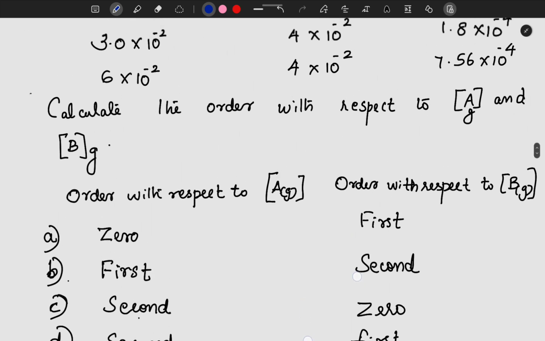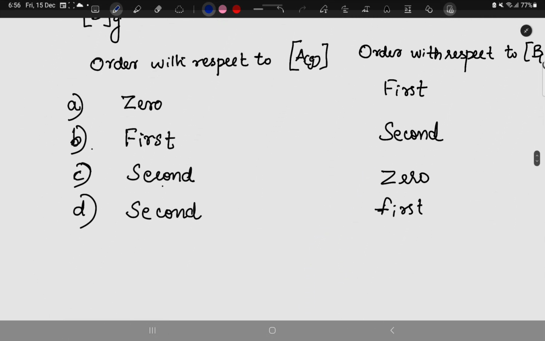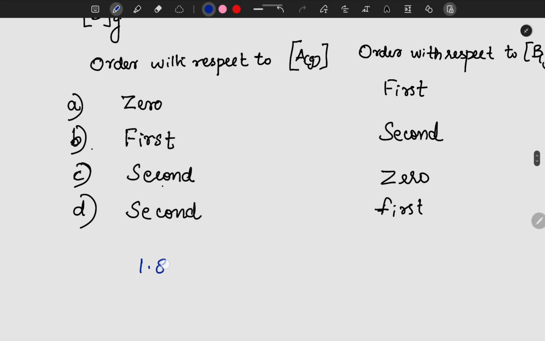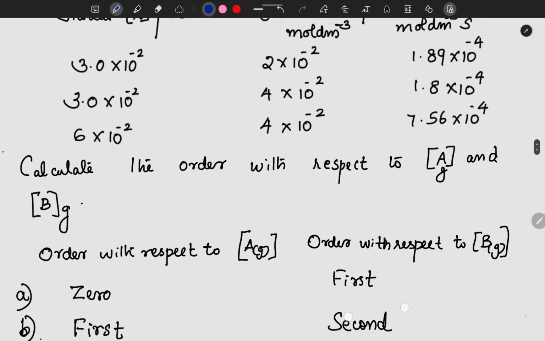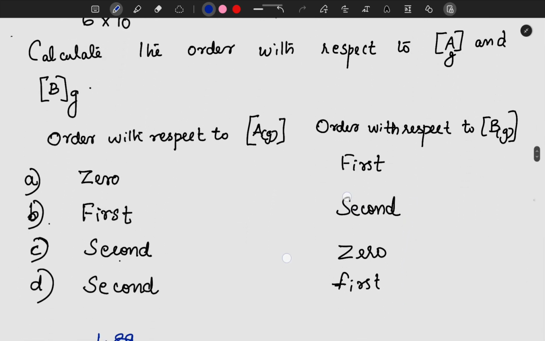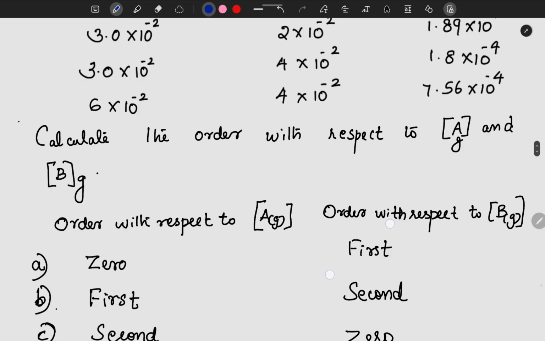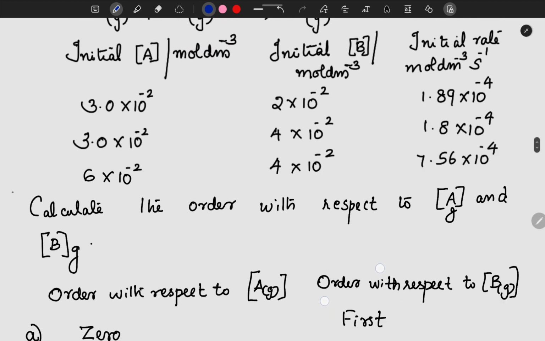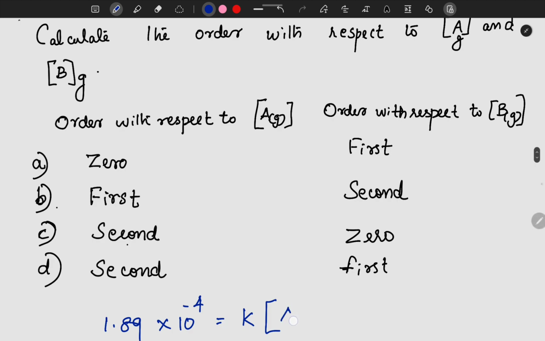So when we write the rate expression from the given data, we can make the equation 1.89 into 10 raised to minus 4 is equal to rate equal to k into concentration of A raised to x into concentration of B raised to y.